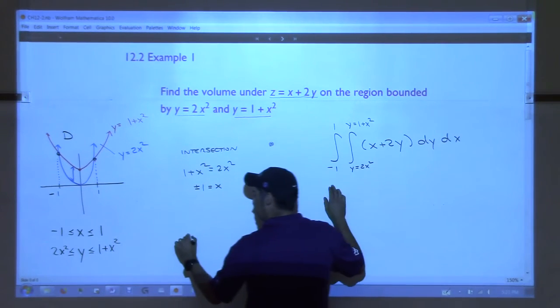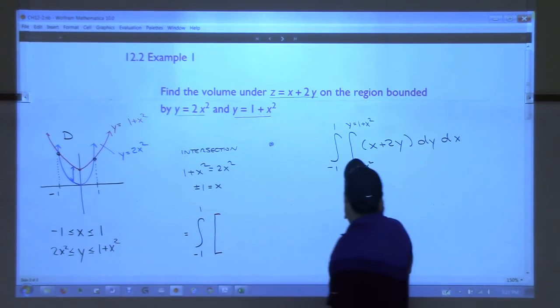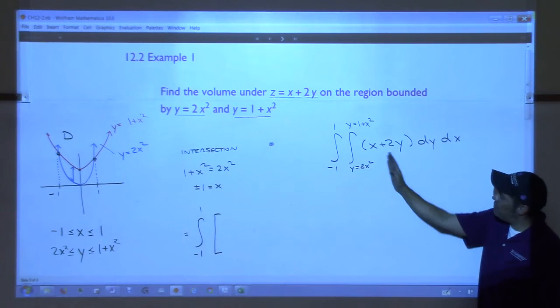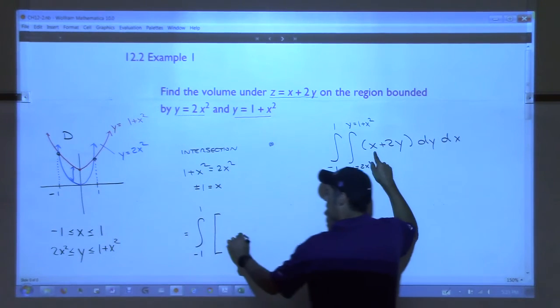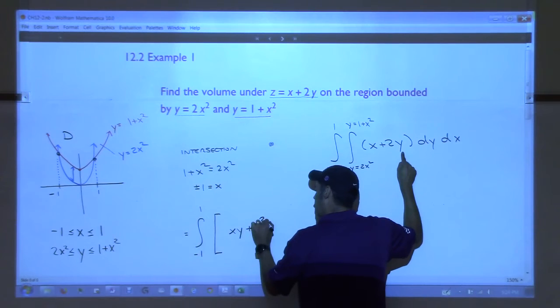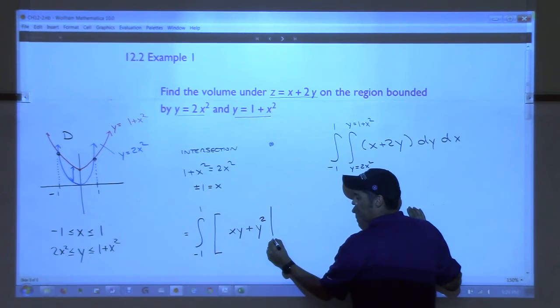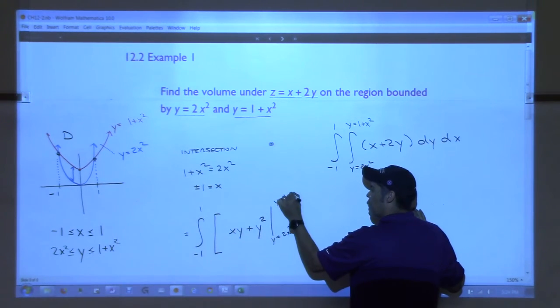All right, let's continue. Negative 1 to 1. Okay. We have to do the antiderivative of this with respect to y. So xy, and then the next one, y squared, and we're evaluating that from y equals 2x squared up to y equals 1 plus x squared.